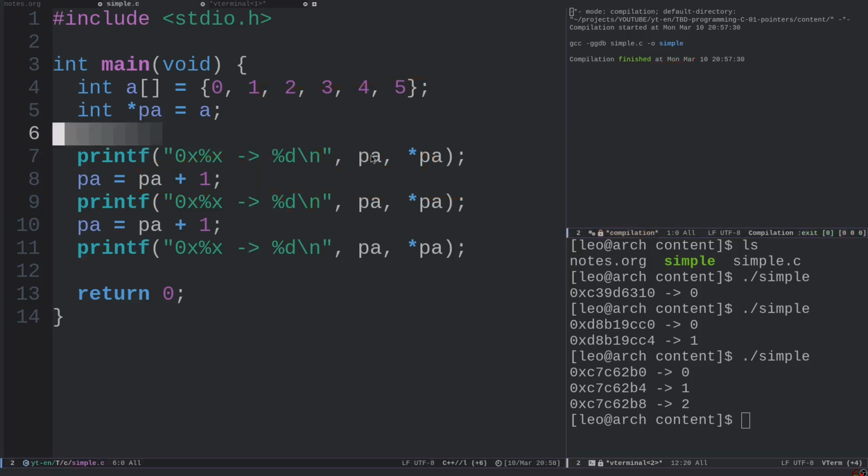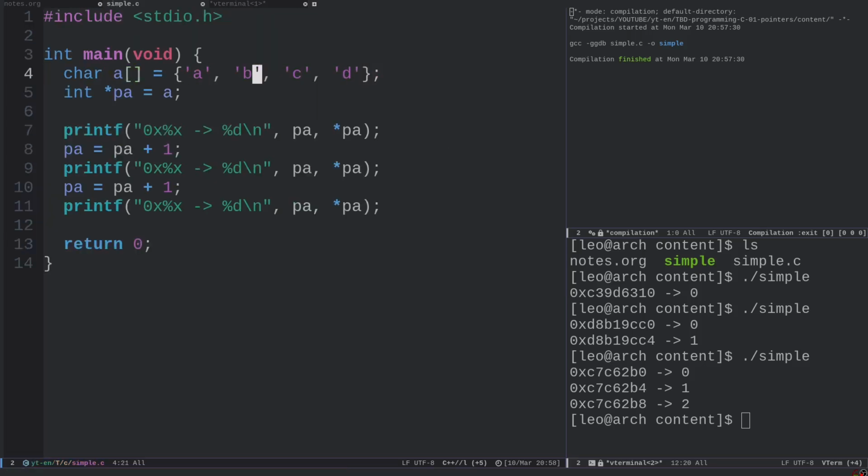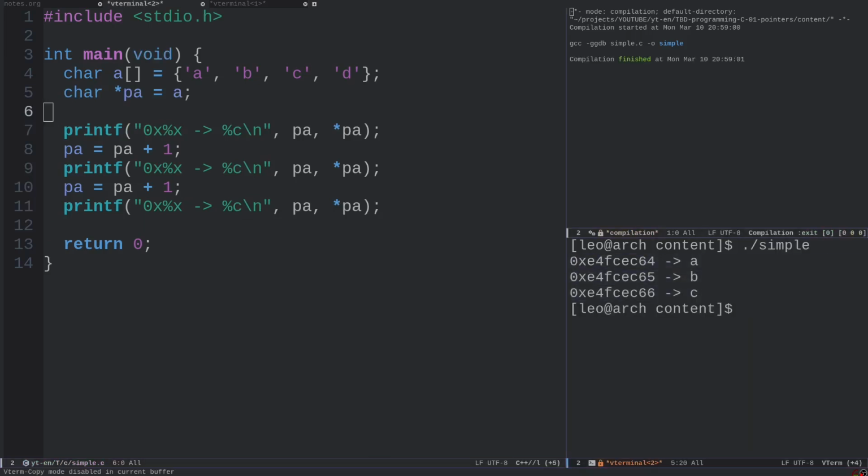For example, what would happen here if I have an array of characters? So here I have A, B, C, D, something like this. So here I have an array of characters like this, and here I do char like this. So what happens at this point? Well, now if I compile it, look at what happens.